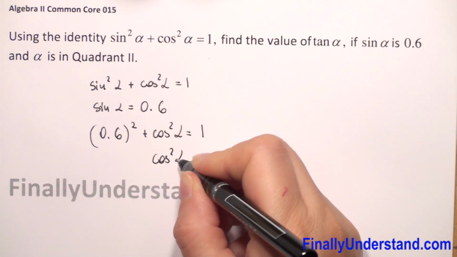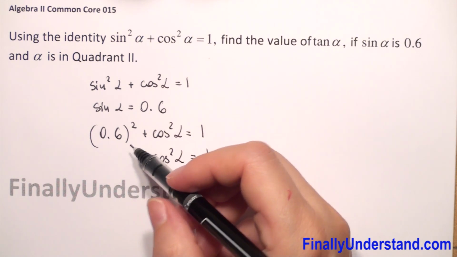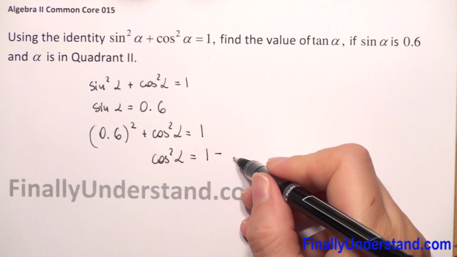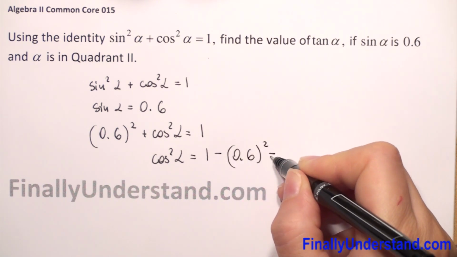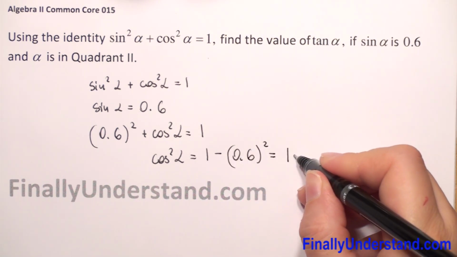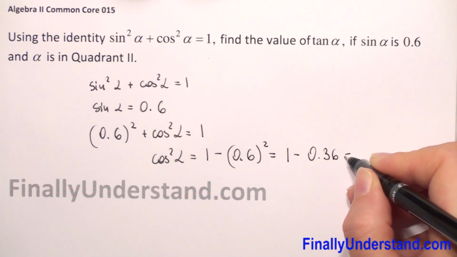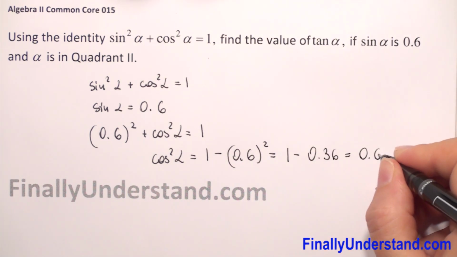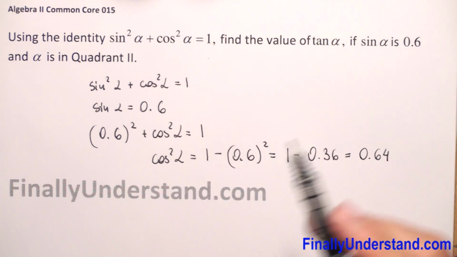Cosine square alpha will be 1 minus 0.6 to the second power. So this is equal to 1 minus 0.36, which is equal to 0.64. This is cosine square.